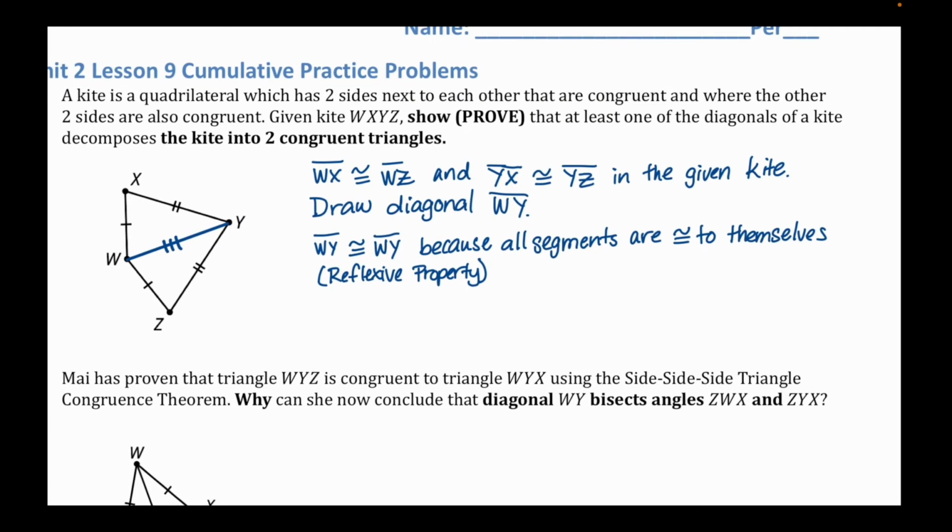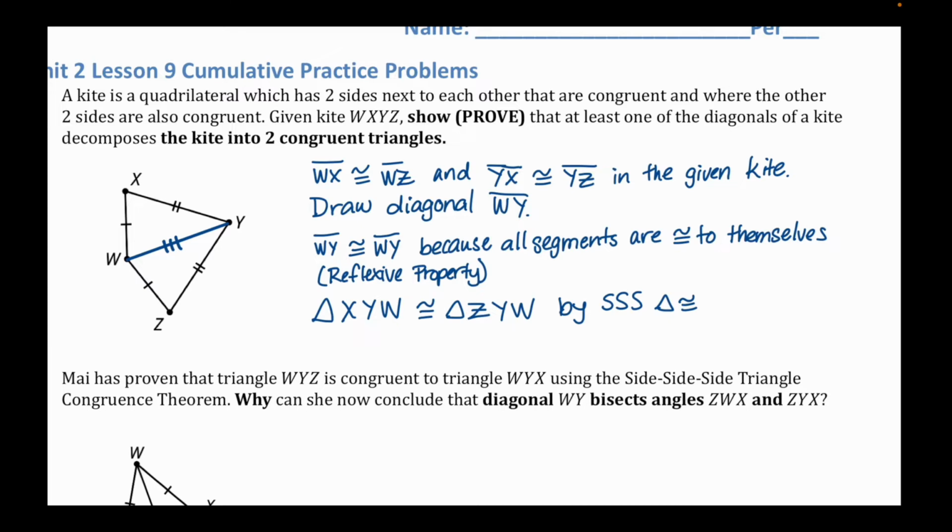So now that we have the three pieces, we can make a statement about the triangles. We can say triangle XYW is congruent to, and since I started at X, that corresponds with the Z, so this is going to be triangle ZYW by side, side, side triangle congruence.